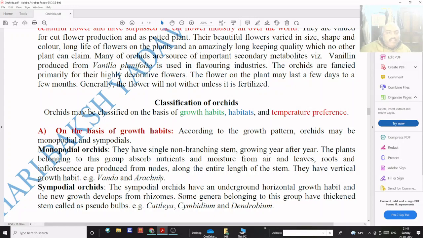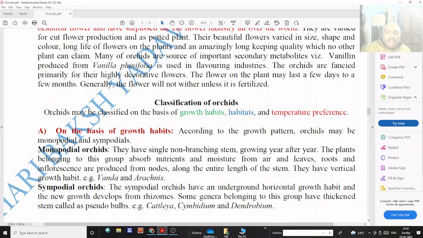The plants belonging to this group absorb nutrients and moisture from the air. Leaves, roots, and inflorescence are produced from the nodes along the entire length of the stem. They have a vertical growth habit.